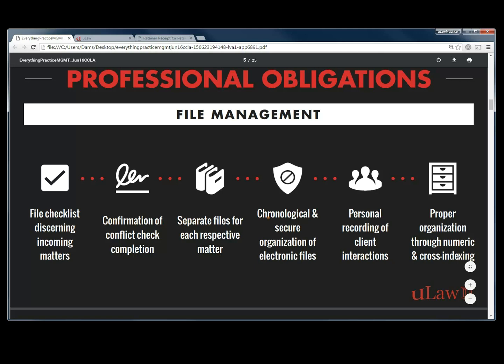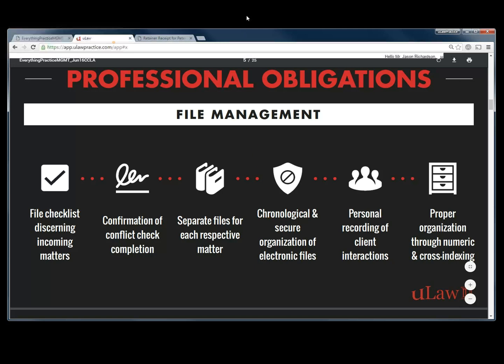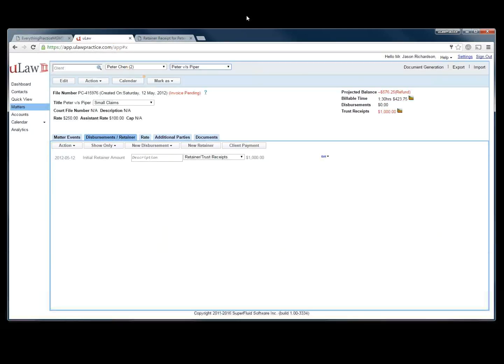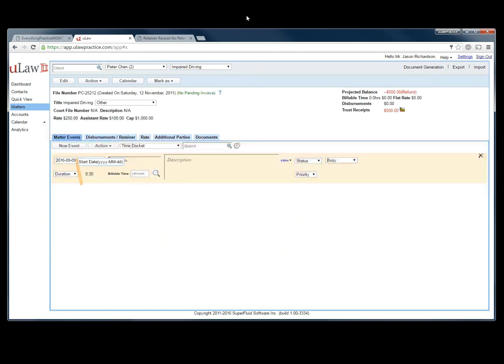It's very key that you establish a clear chronological way in which you can approach and see how you've done things. For example, if you go to a particular matter, you want to clearly know when you did what, and all the events are there.